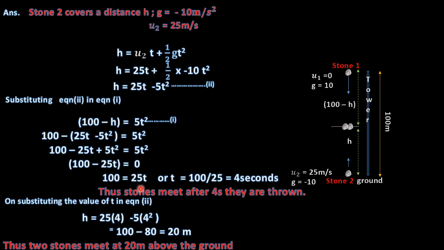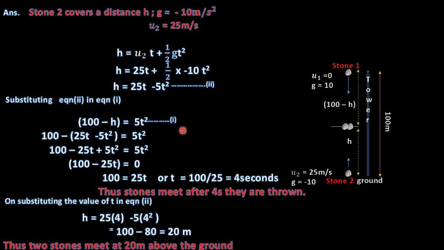So what do we understand? That the stones meet 4 seconds after they are thrown. Now we have to find out the height from the ground. For that, let us substitute this value of t in any of these equations. So let us substitute the value in this equation, h is equal to 25t minus 5t square.